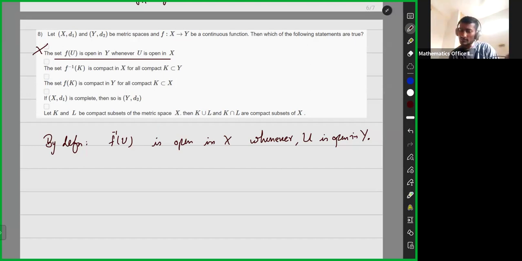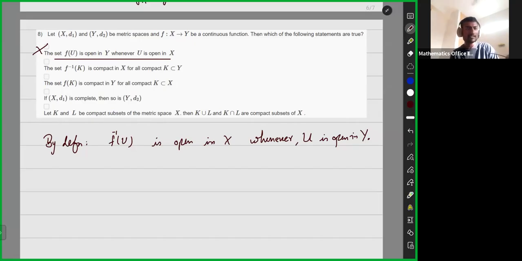Take y to be a point, and it fails. The function is constant and it is continuous as well. And a singleton is compact also.